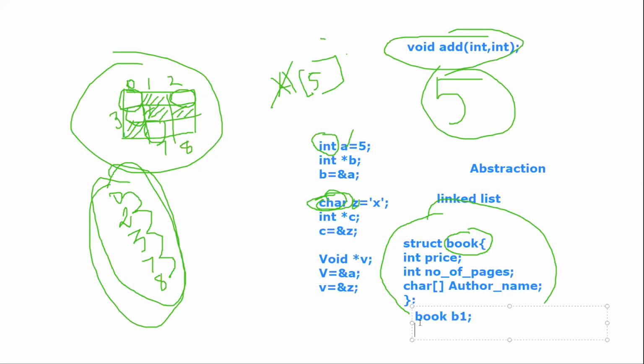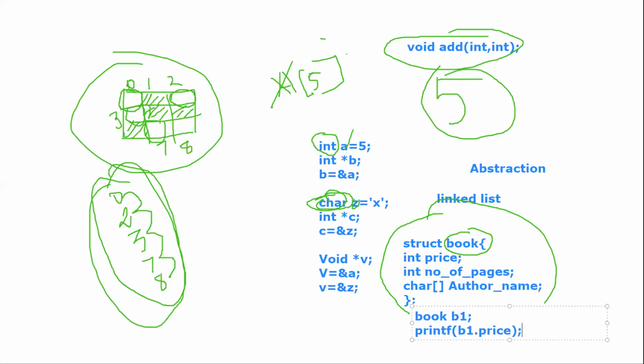Now, for example, I'm making it here. This is one. How will you access it? I want to print the price of the book now. What will you do? Printf. I'm not writing the full syntax, I'm not writing any percentage d or something else, just for understanding purposes. Just B1 dot price. That's all you will do.